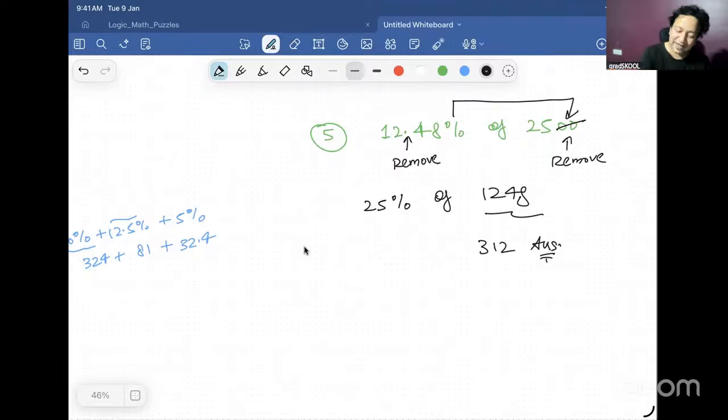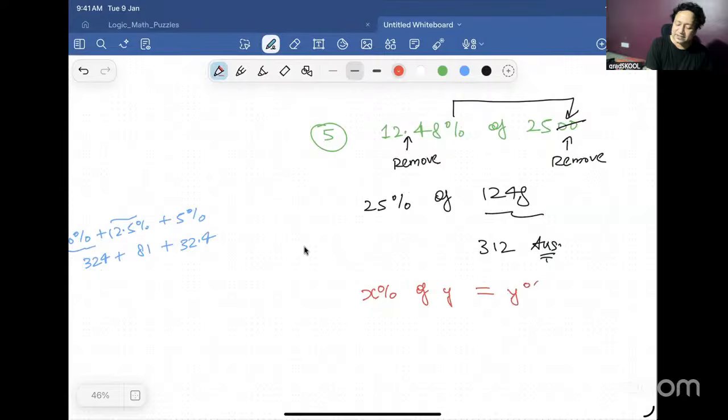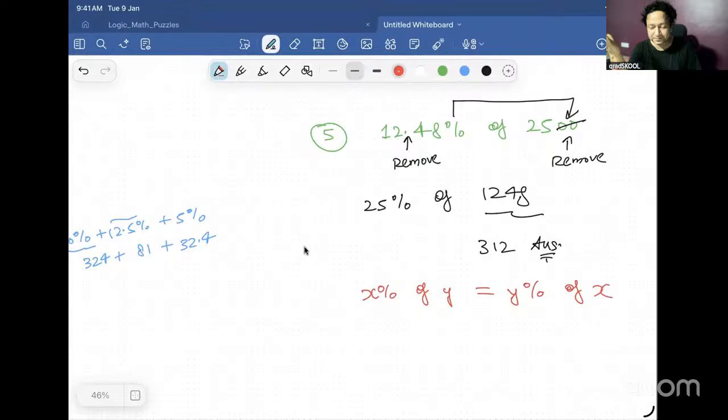What I did here, I did some basic mathematics. It's like x% of y is the same as y% of x. I just manipulated the value in such a way that you got the correct answer. Aditya, we don't have to approximate. We want the exact, accurate answer. Is that clear? Got it, all of you?